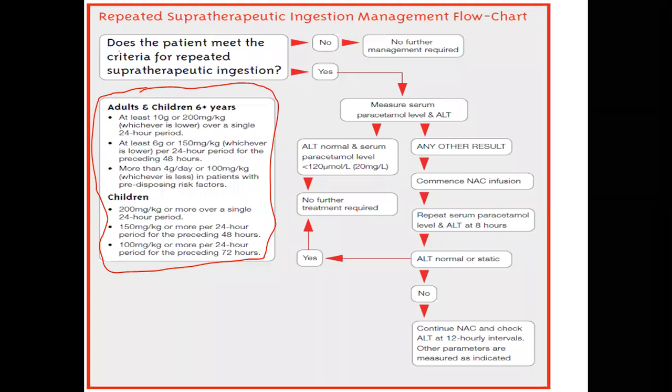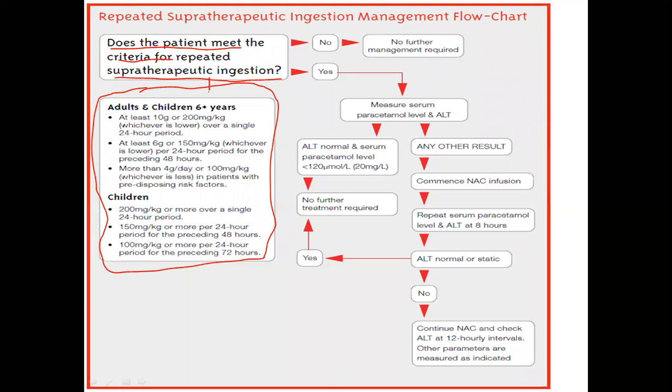So what is the first thing you have to do? First thing is, does the patient meet the criteria for supratherapeutic ingestion or not? How do you know? By using the following table. Is that clear?